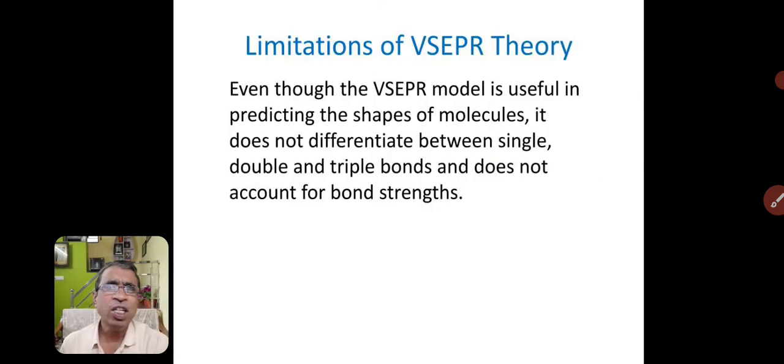Coming to the limitations of VSEPR theory, even though the VSEPR model is useful in predicting the shape of molecules, it does not differentiate between single, double, and triple bonds and does not account for bond strength.